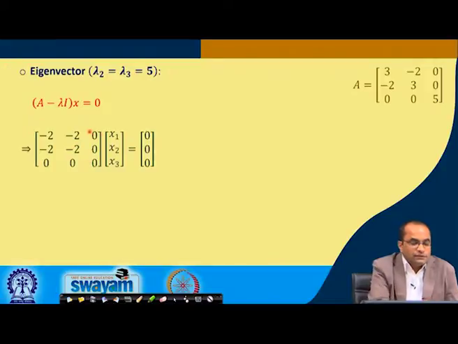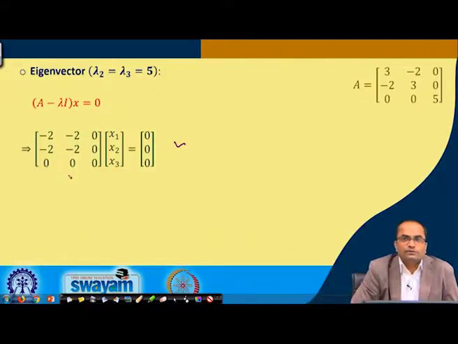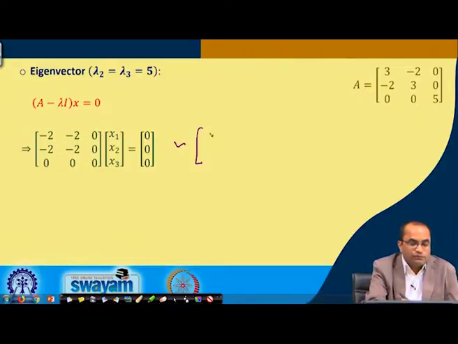So, we have this system, and it is interesting now to see that we can reduce to the row reduced echelon form very easily. When we subtract row number 1 from row number 2, we will get 0 0 and 0 here, again this is 0.